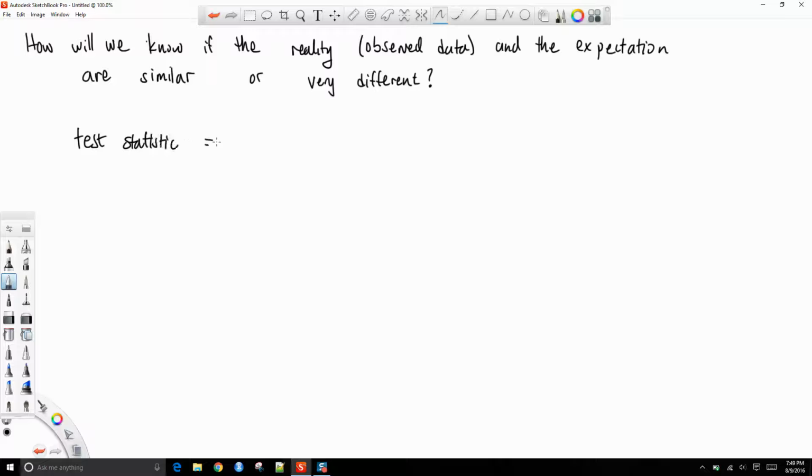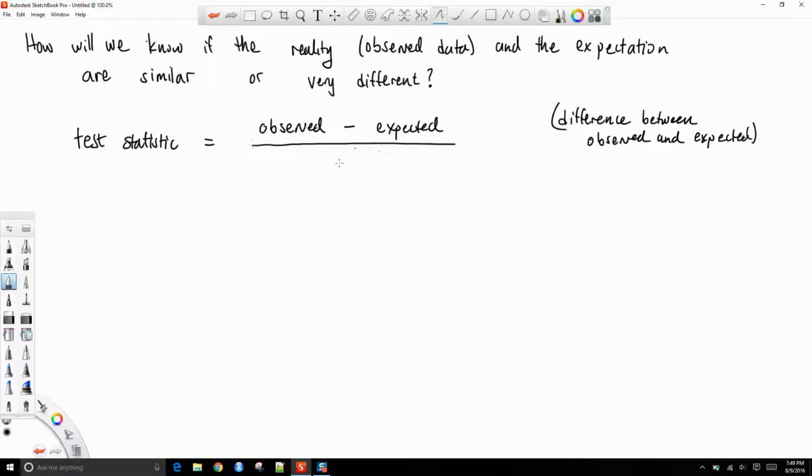And the test statistic is basically the difference between the observed minus the expected. Okay, we're going to take that difference and divide it by the standard error.